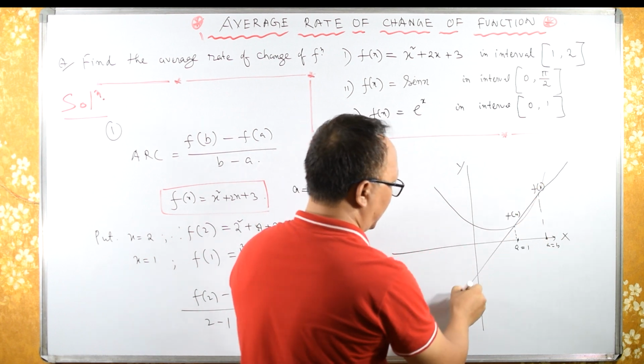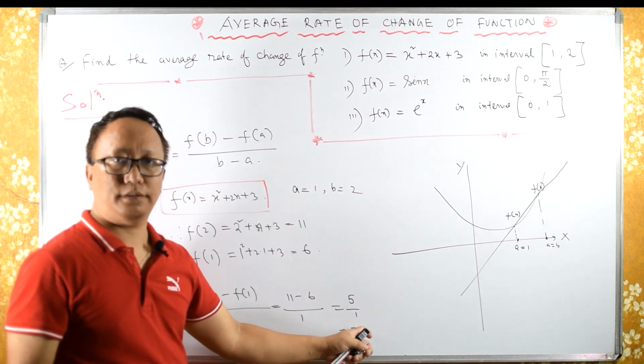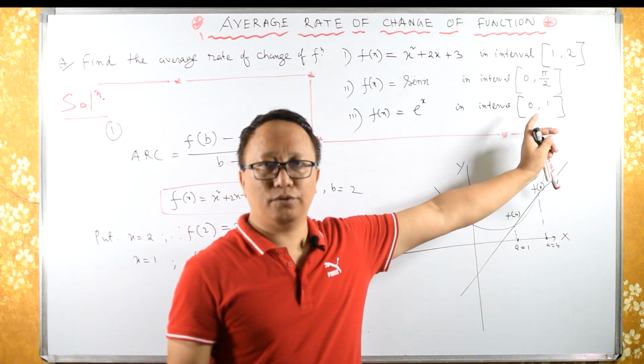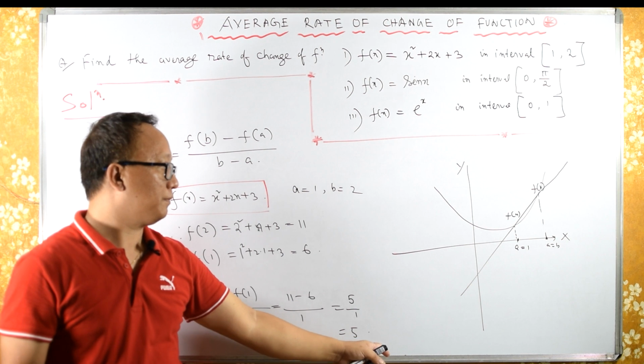Therefore this secant slope is how fast the curve is going. This is given by the average rate of change of the function.